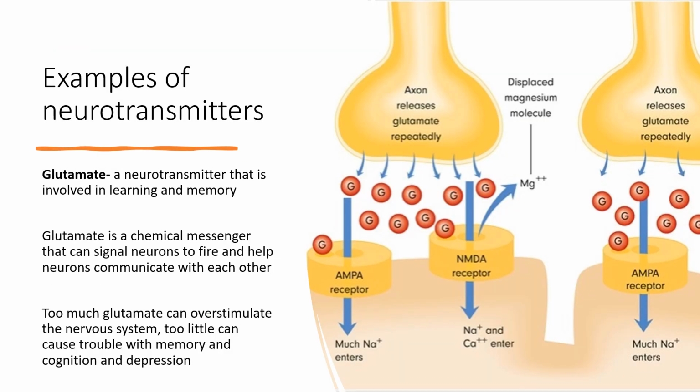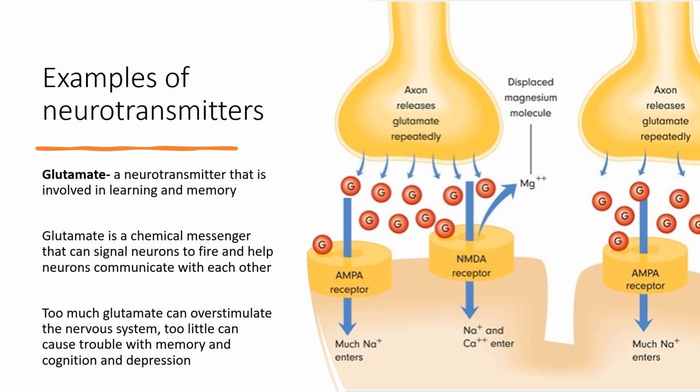Another neurotransmitter, glutamate, is an important messenger and regulator of the nervous system. It is involved in learning and formation of memories, but can also affect our mood. Glutamate acts as a chemical messenger, binding to neurons and signaling them to fire. By doing this, it helps neurons communicate with one another.